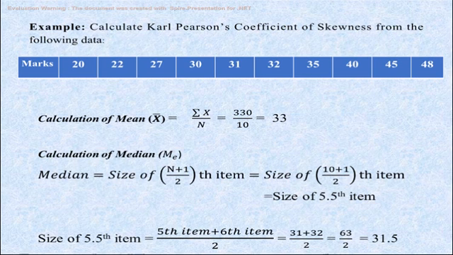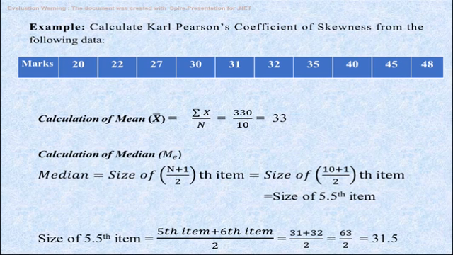So the median will be calculated as 5th item plus 6th item divided by 2. In this example, the 5th item is 31 and the 6th item is 32. So the median will be equal to (31 plus 32) divided by 2, which comes out to be 31.5.